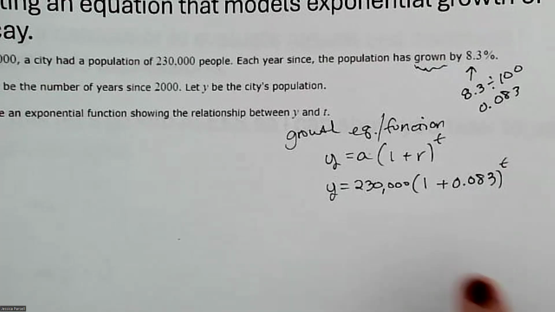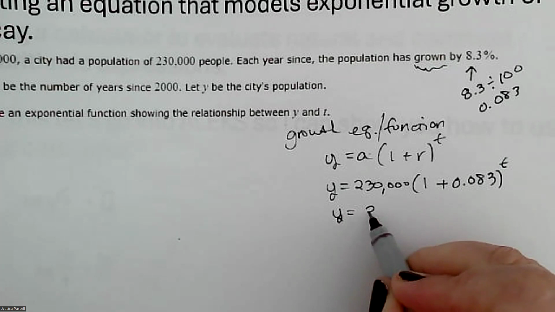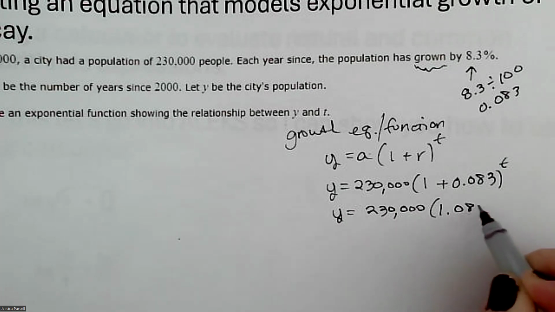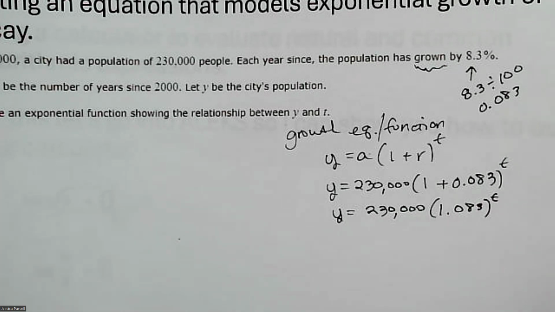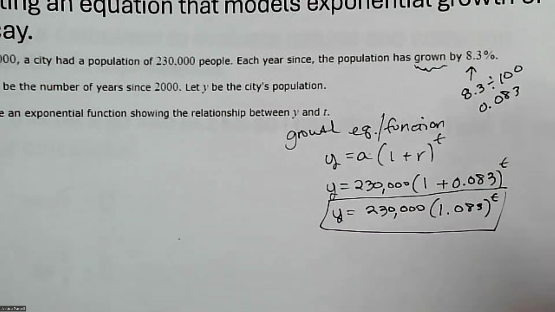The last thing you can do to clean this up is to add the 1 plus that rate, the 8.3%. So you could just finalize this as 230,000 times 1.083 raised to the T. And this is an equation that models the exponential growth. We know it's a growth because this value here is greater than 1, 1.083.